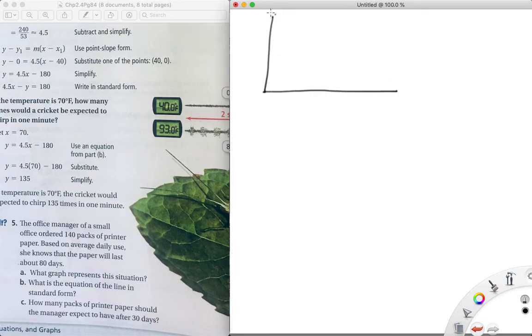It's just going to be the first coordinate. Let's see, actually I might have to make this a little bigger. Okay. We have 140 packs.